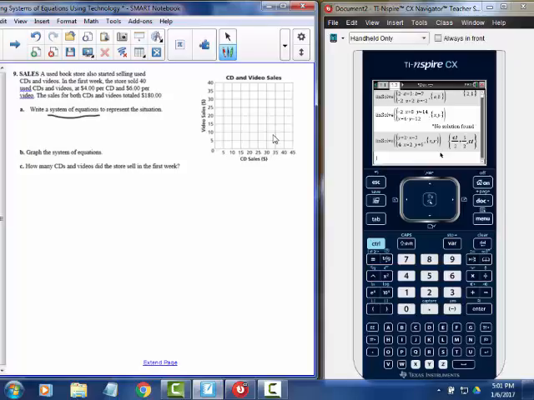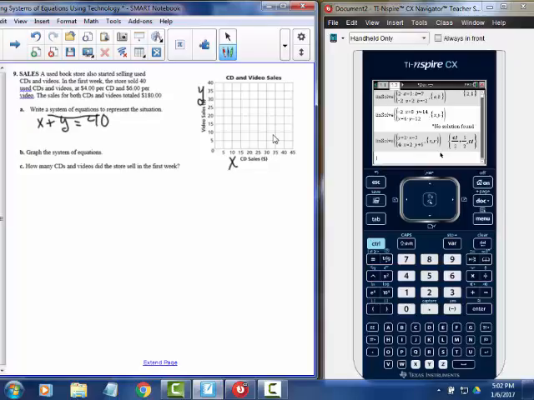And now over here, they've given us video sales on the y-axis and CD sales on the x-axis. So this is going to be our y, right? And this will be our x. So we know that X is CD sales. Okay, so they sold 40 CDs and videos. So CDs, X, plus videos, Y, equals 40.